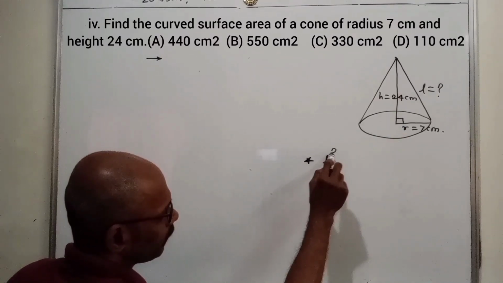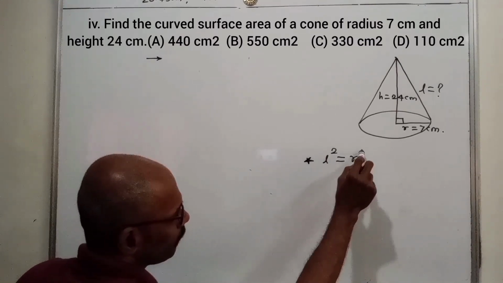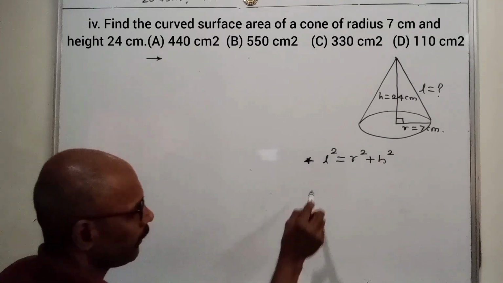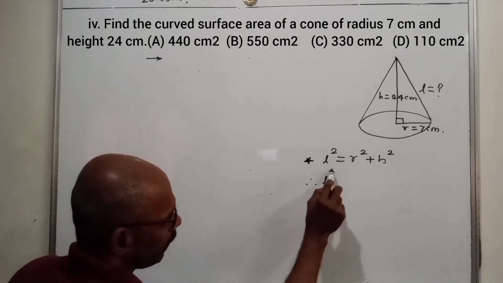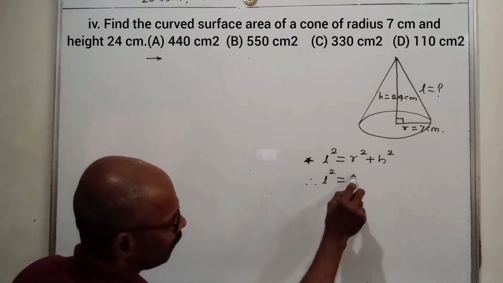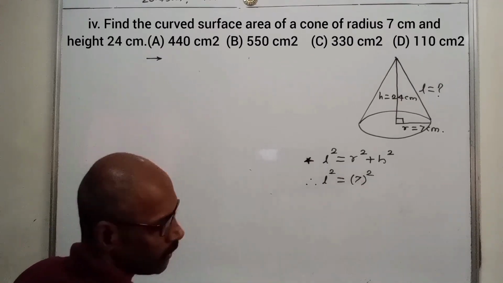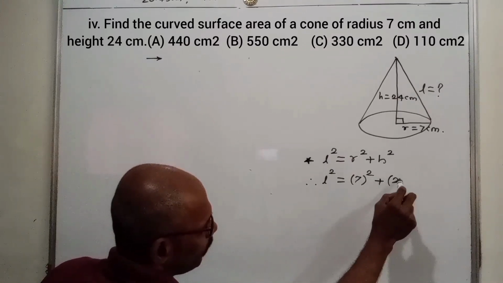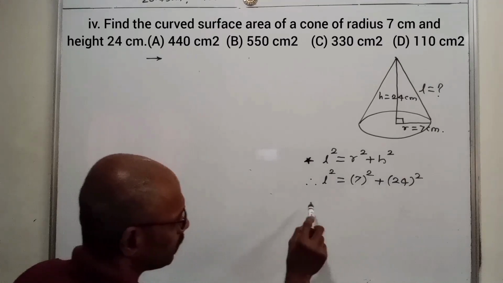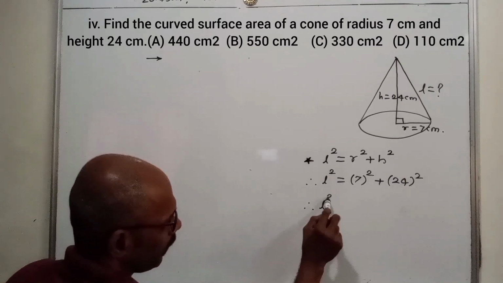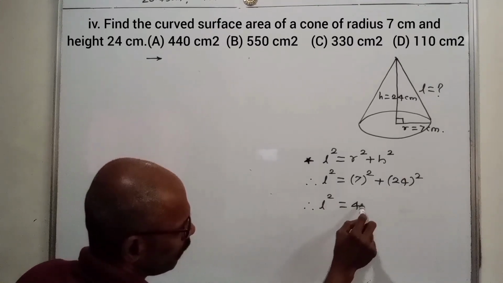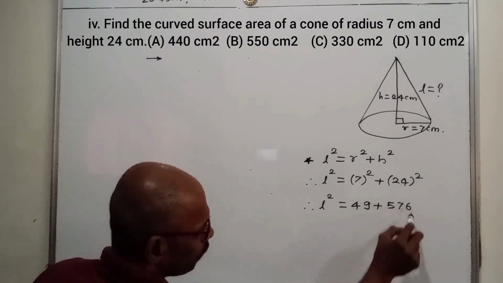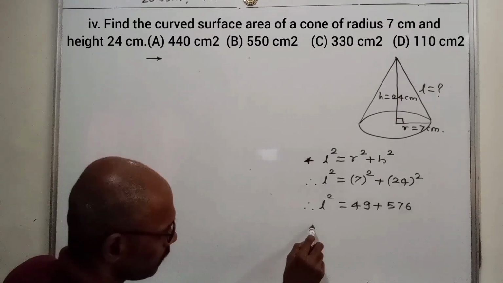When we find curved surface area, then we want slant height. L square is equal to R square plus H square. Therefore, L square is equal to 7 square plus 24 square. Therefore, L square is equal to 49 plus 576.